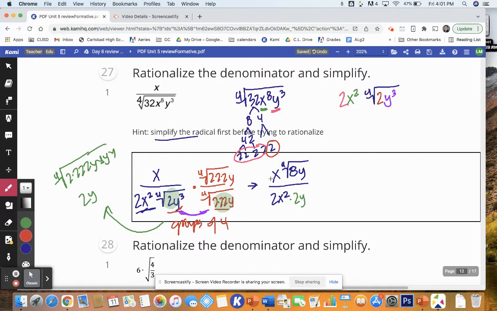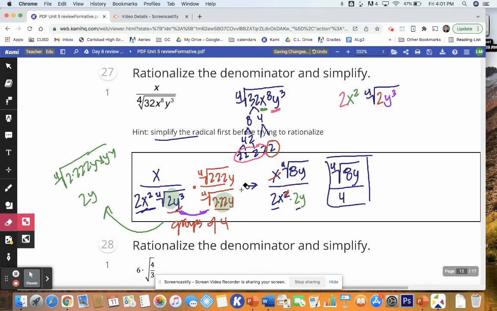I have 1x on the top, 2 on the bottom, so now I would just have basically 1 on the bottom. And then the last thing I could do is I have a 2 times a 2, which would be 4y. So that's my, oh, I still have an x, I apologize. I just crossed out the squared here, so I still have an x on the bottom. I'd have 4xy. There it is.